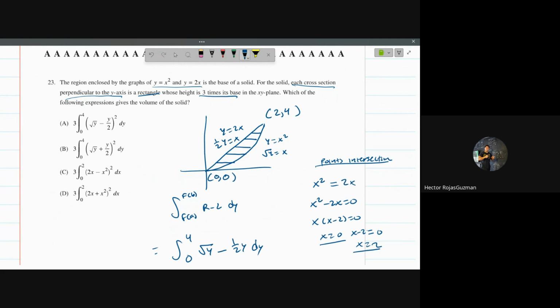The region enclosed is the base of a solid. Each cross-section perpendicular to the y-axis is a rectangle whose height is 3 times the base. Oh, we're talking about volume. Ignore this.